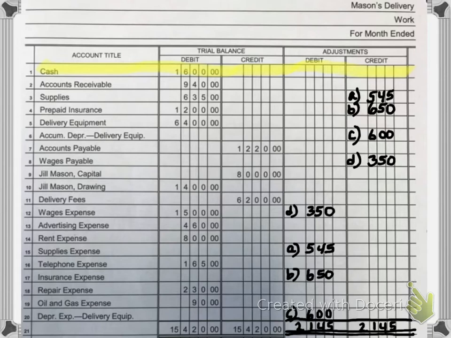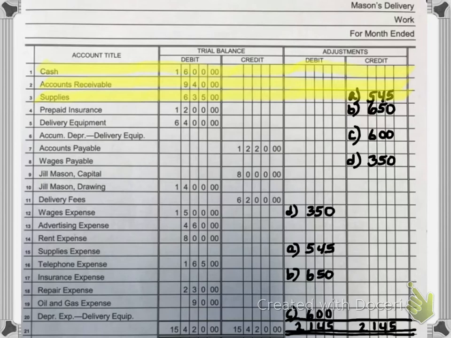Okay, and then the next line, accounts receivable, you will follow over on that line. It had a $940 debit balance on the trial balance. It was not affected by an adjustment, so you should simply write the $940 in the debit column of the adjusted trial balance. Moving down to the next line, supplies had a debit balance of $635, but then it was affected by a credit adjustment of $545.